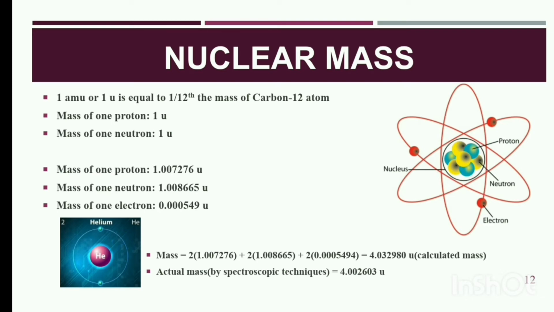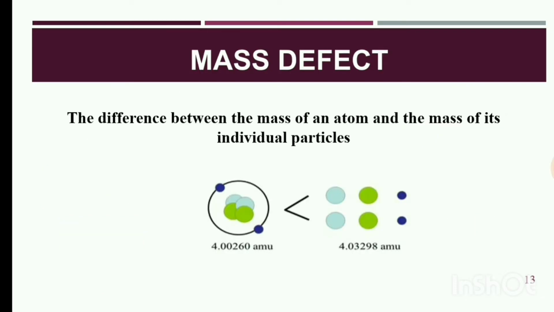This difference in mass is what we call mass defect. By definition, the mass defect is the difference between the mass of an atom and the mass of its individual particles. Just now we saw that the actual mass of the helium atom was less than the mass of its constituent particles.